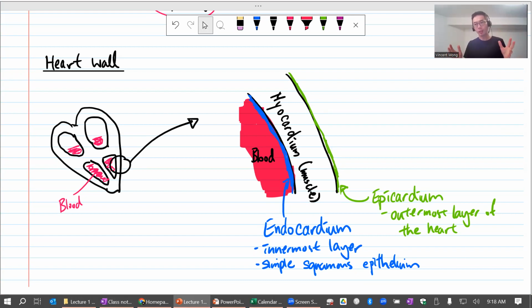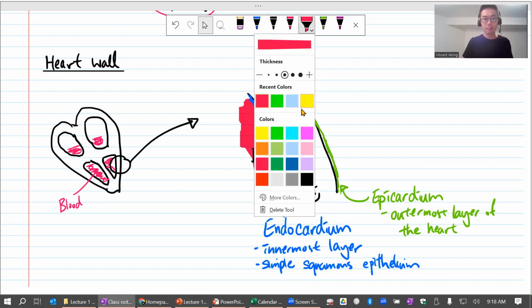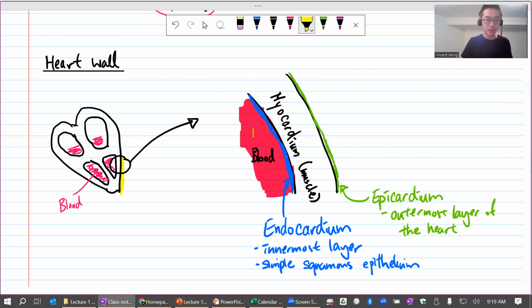Remember we talked about the pericardium? The pericardium is the double layer sac that goes around the heart, right? I didn't draw the pericardium here, but let me do that right now. Like this thing that goes around the heart. This is not to scale, okay? But this yellow thing that goes around the heart, that would be the pericardium.